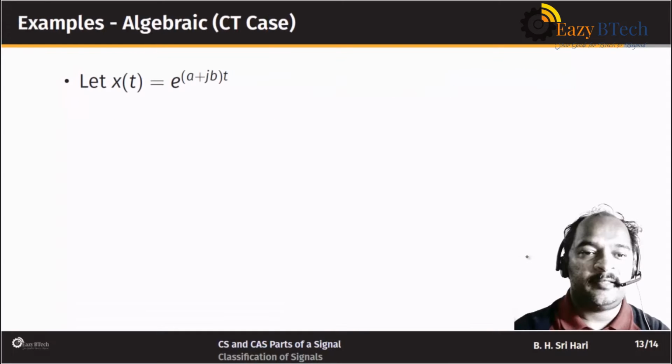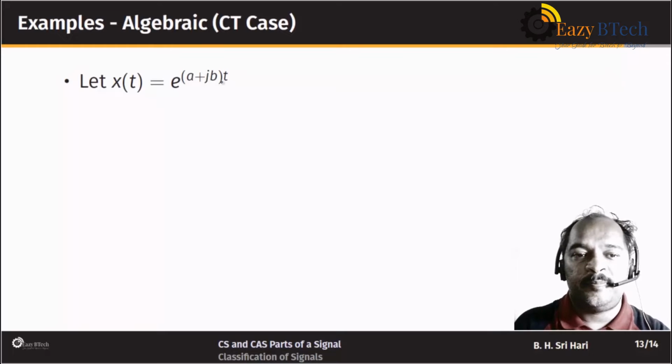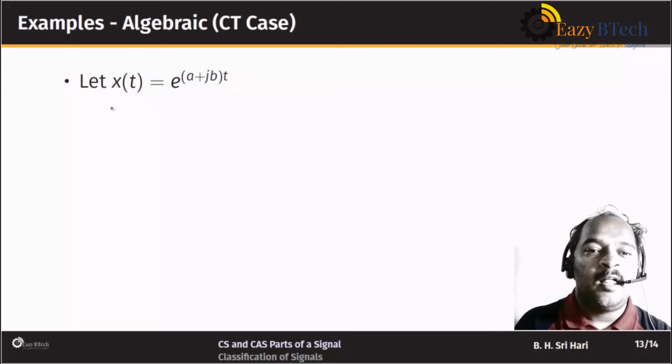Next we will take a few examples. We have the signal x of t equal to e power (a plus jb) times t, and we want to find the conjugate symmetric and conjugate anti-symmetric parts. We already have x of t, so what do we want?